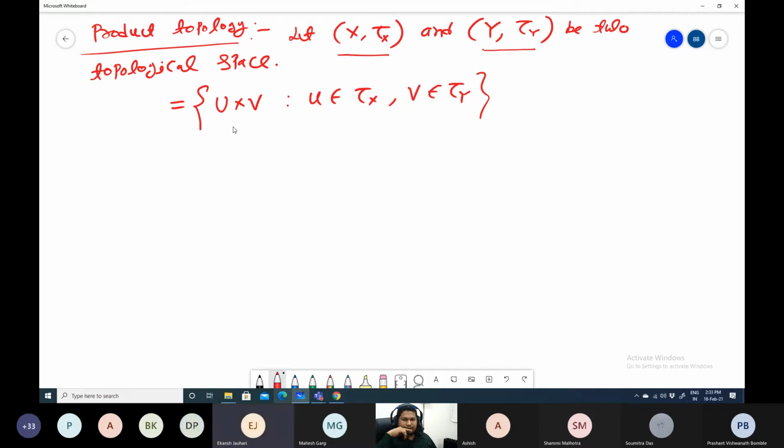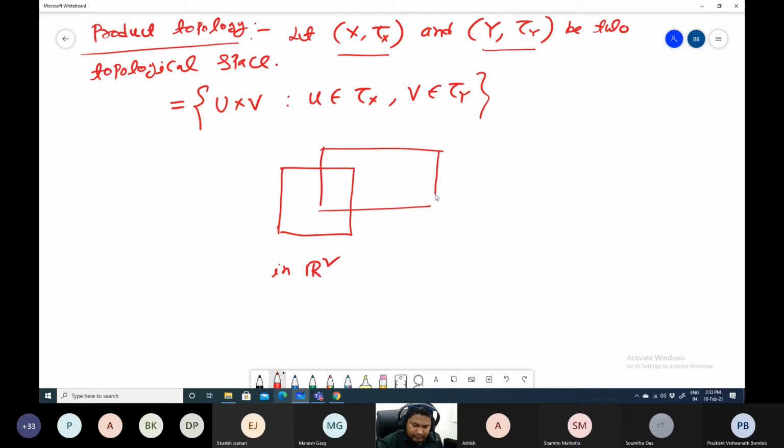Sir, the union of two, like the union of U1 cross V1, may not be a union of the product. Exactly. Because if we take say this one, say in R2, and if we take another one, this, right? So their union will be this set.